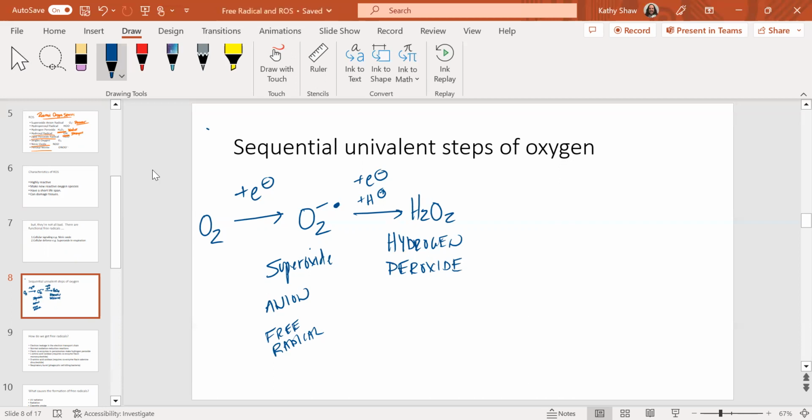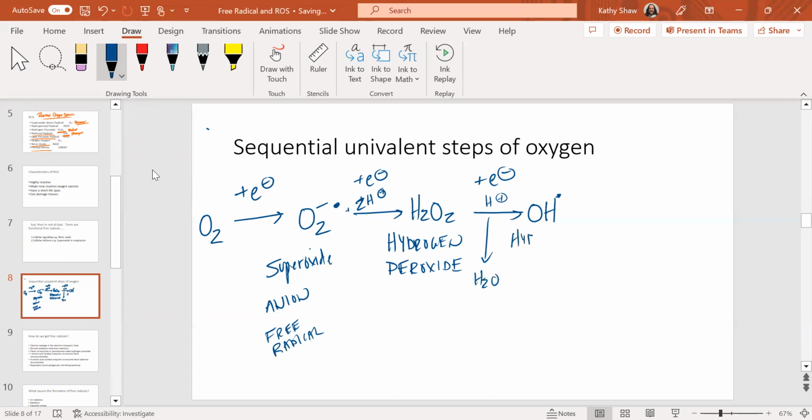Then we can add another electron. Should have had a 2 there, I'm sorry. We can add another electron. Now we get that hydroxyl radical that we kind of don't like, and we'll talk about what it's going to do. We also get a water, so that's okay.